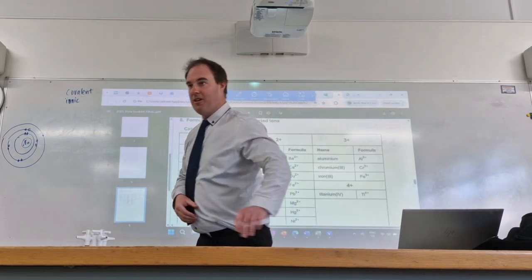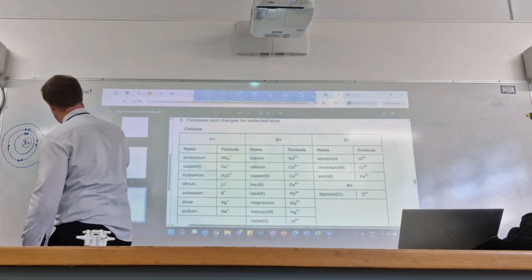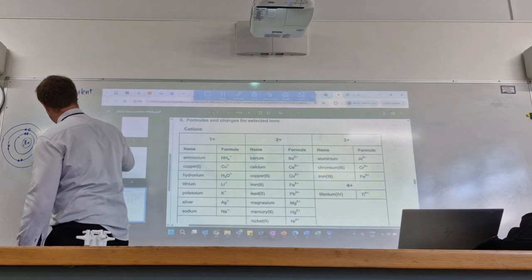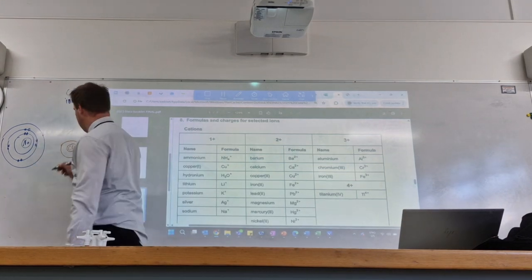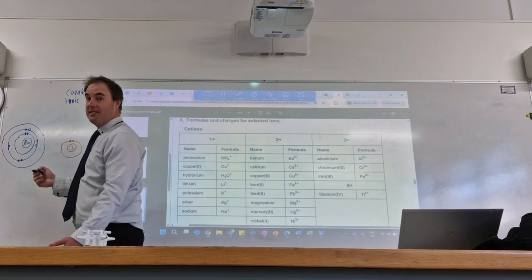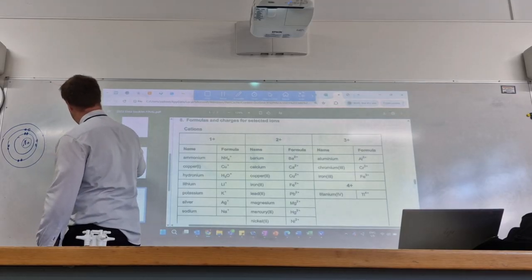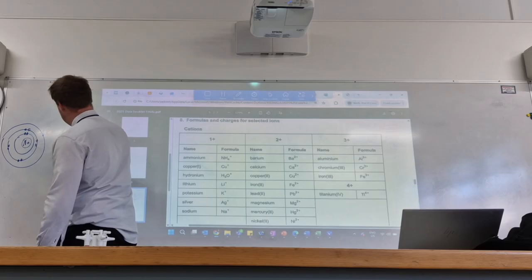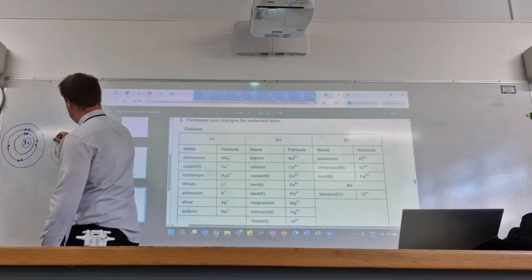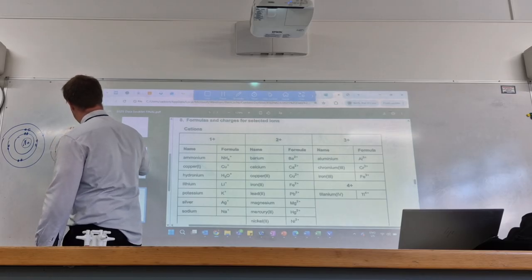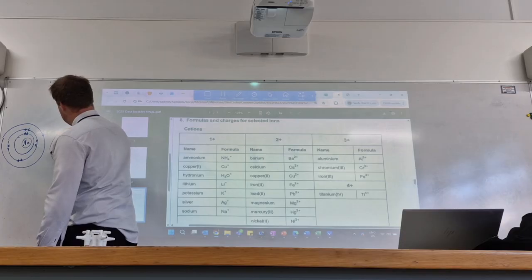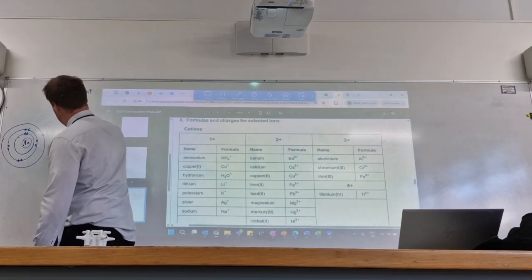Then comes along chlorine. And chlorine has 17 electrons. So we've got 2 in the first shell, that's now full. 3, 4, 5, 6, 7, 8, 9, 10. Then we have to start a third shell. 11, 12, 13, 14, 15, 16, 17. Okay?